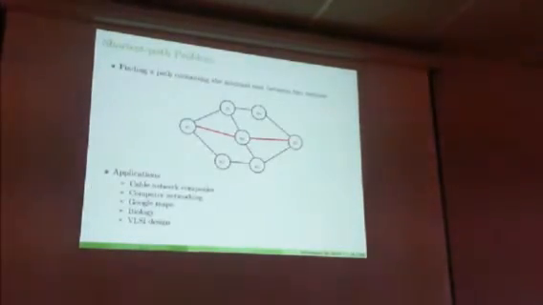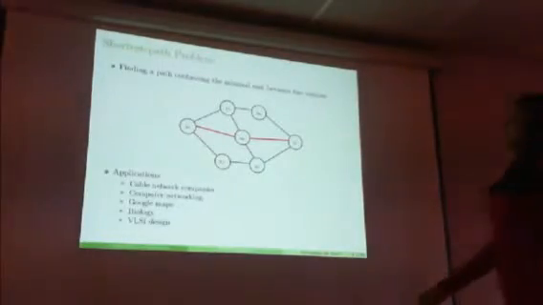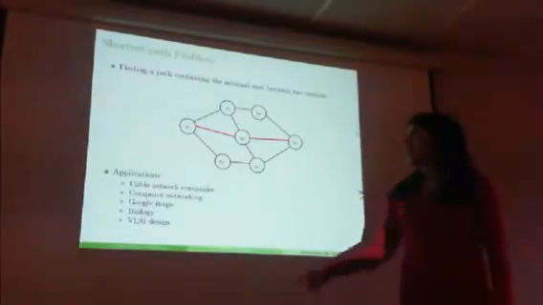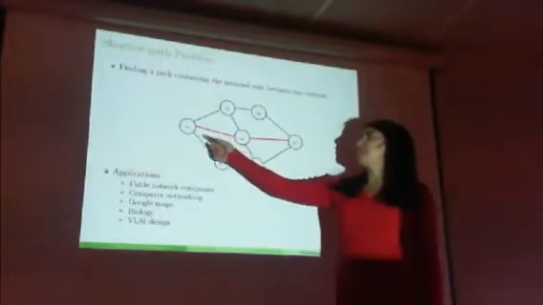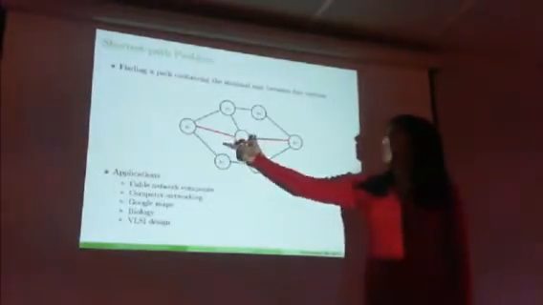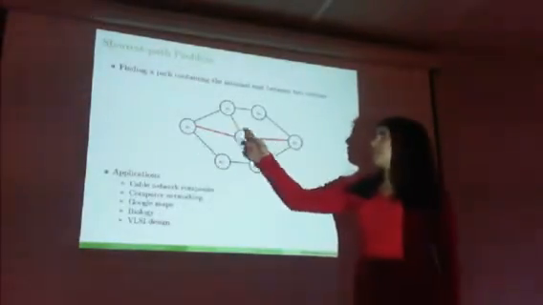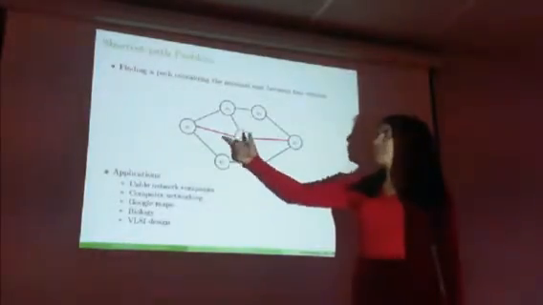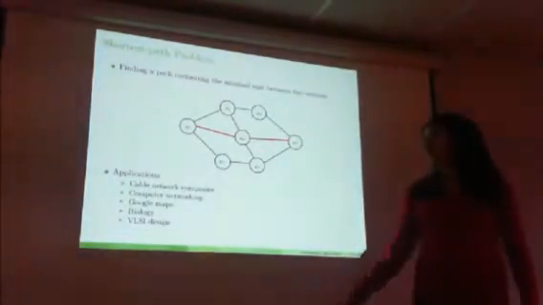So what is the shortest path problem? If you look at this graph, you can see that the shortest path is the path with the minimum distance between two nodes. There are other paths, but the problem that we want to solve is finding the shortest path between two nodes in the graph.